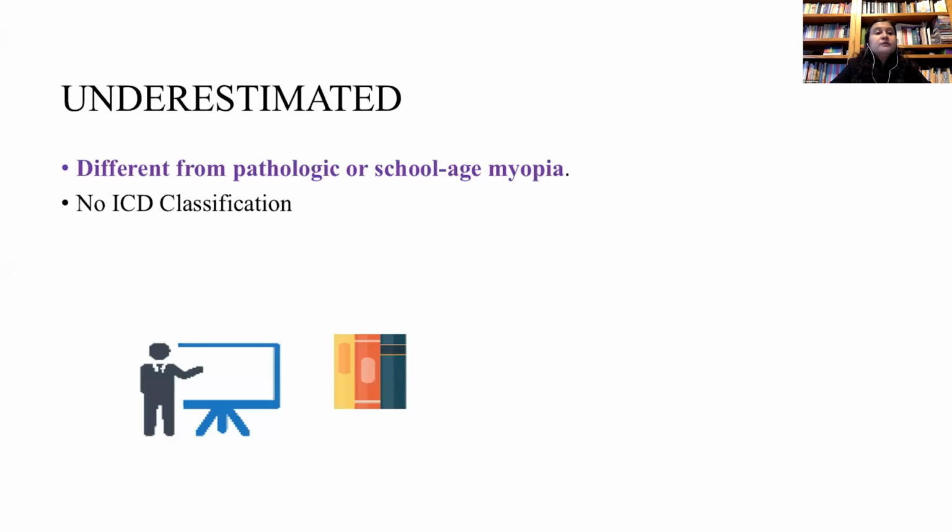Quite often this term is underestimated, though it is different from pathologic or school-age myopia. The ICD classification doesn't have a code for this, so unfortunately we always have to report or code it as simple or high myopia, and unfortunately there are even no MeSH terms to search in databases like PubMed or other scholarly systems.